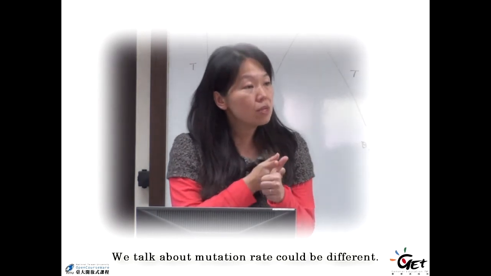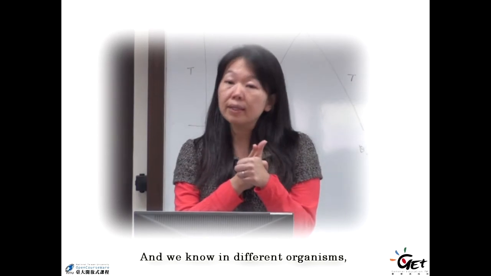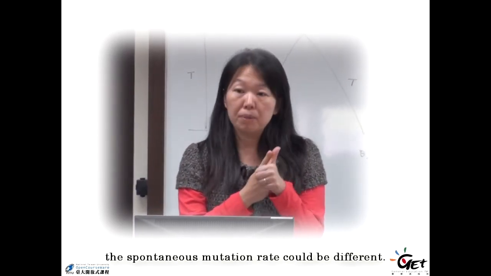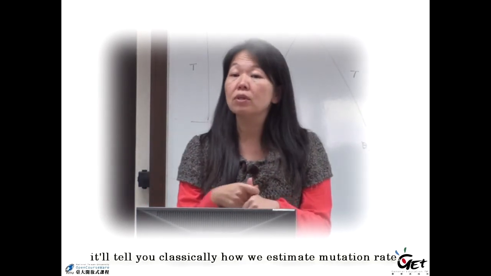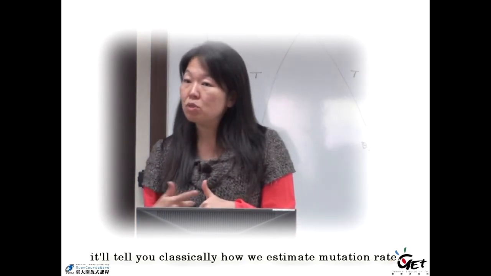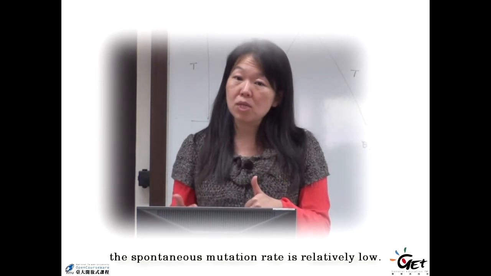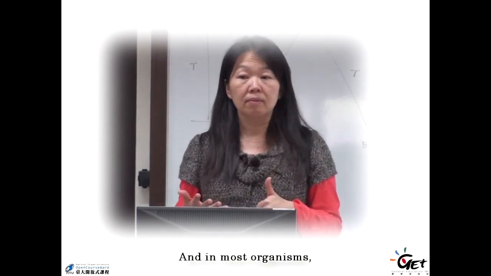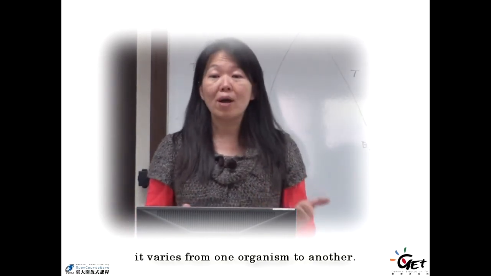We talked about how mutation rate could be different, and we know in different organisms the spontaneous mutation rate could be different. This is from your genetics. In your genetics, it will tell you classically how we estimate mutation rate, and that the spontaneous mutation rate is relatively low in most organisms, but it varies from one organism to another.